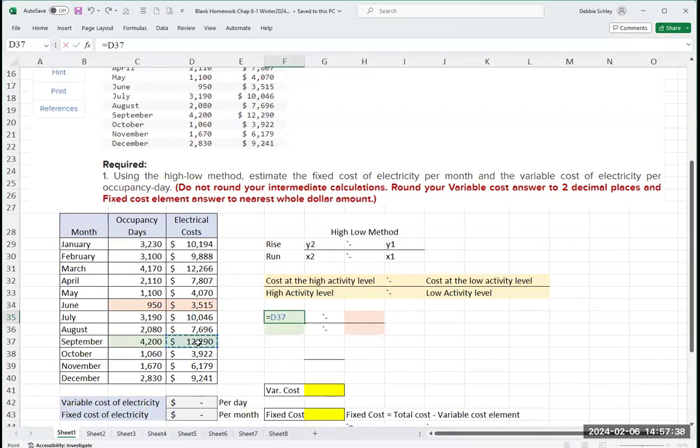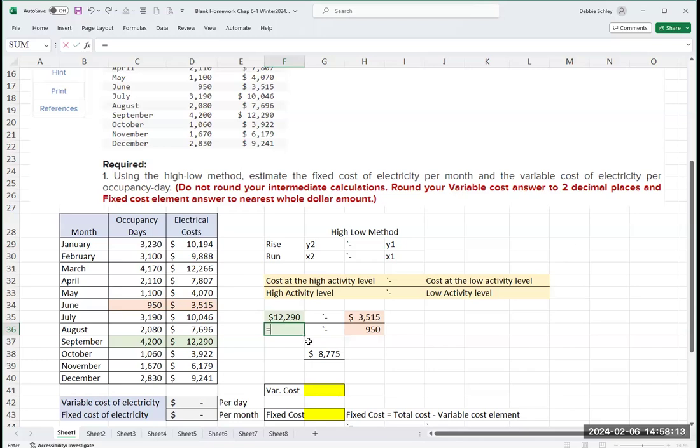My high cost minus my low cost, and then that's going to be divided by the units. For this problem, it's occupancy days high minus the low occupancy days. So that's going to equal this minus this, and then on the bottom will be this.